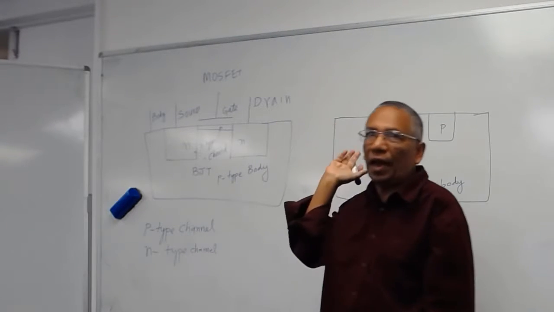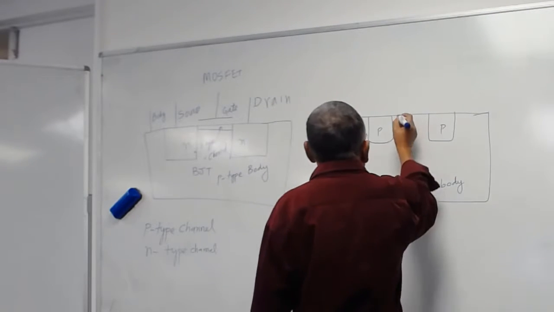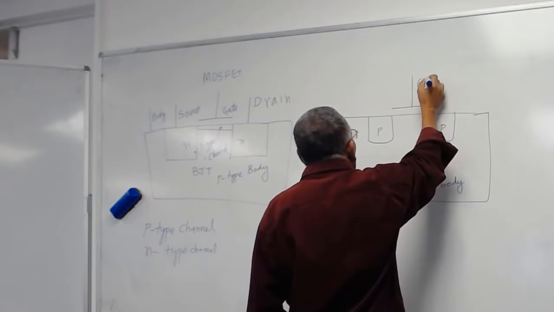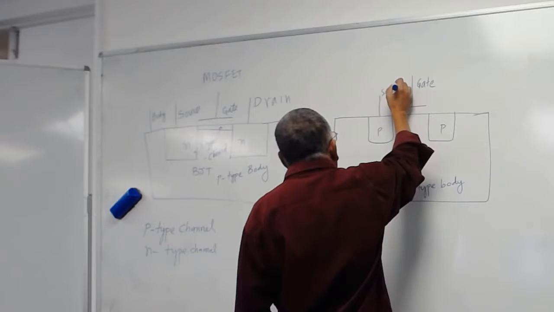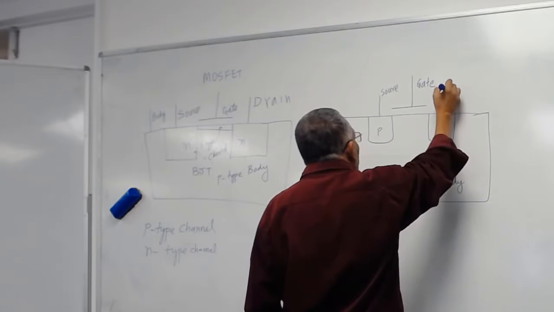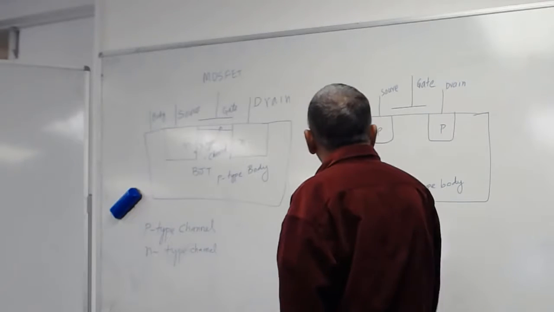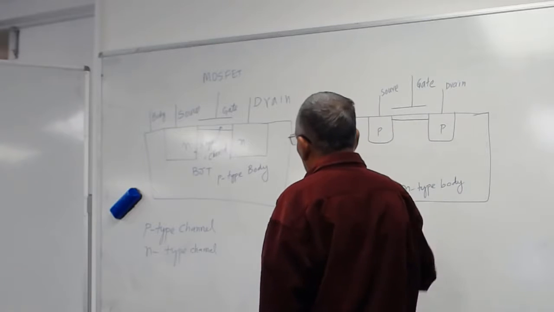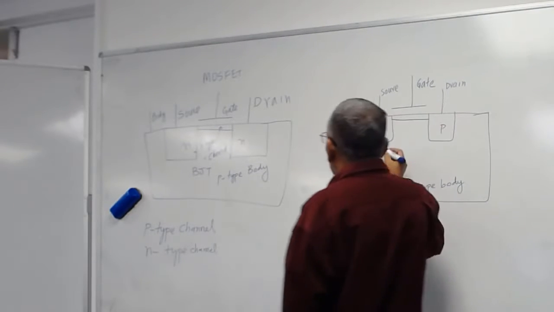You understand P and N mean P-type doped, N-type doped, okay? And then on top of it, you will have a gate. Then you will have your source here, and you will have a drain here. And then you will have a channel here. Okay, and this channel will be what type? P-type channel. Okay, so this will be a P-type channel.